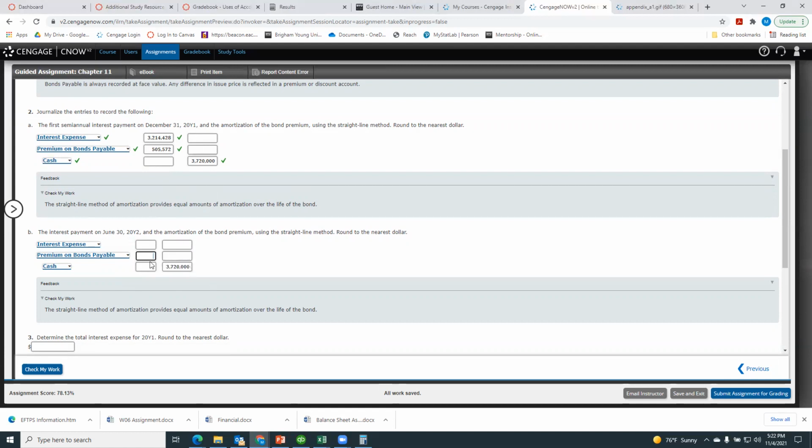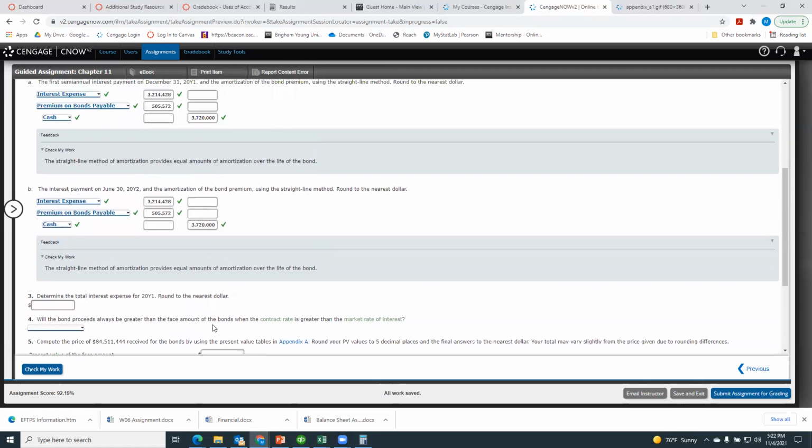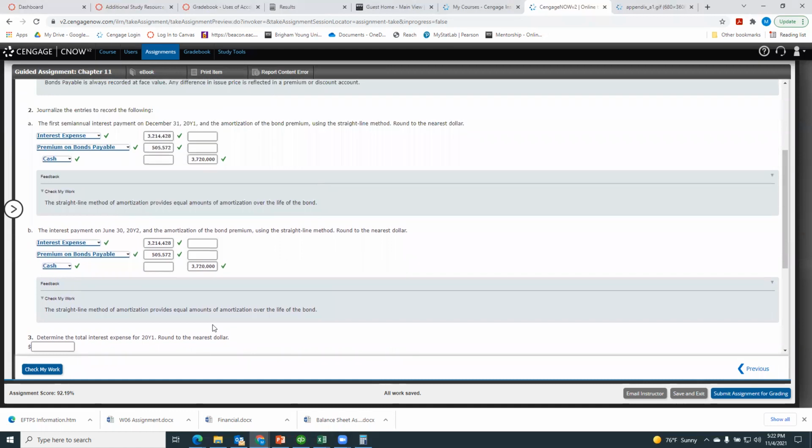Our premium will be 505,572, and our interest expense right there. All right, so determine the total expense for interest. Again, because this first year was just June through December, 6 months, it's going to be this amount right here.